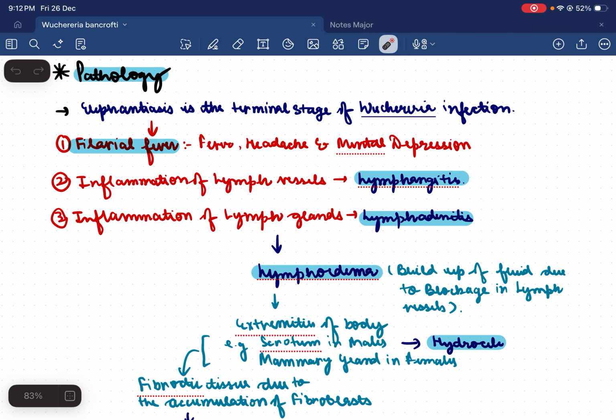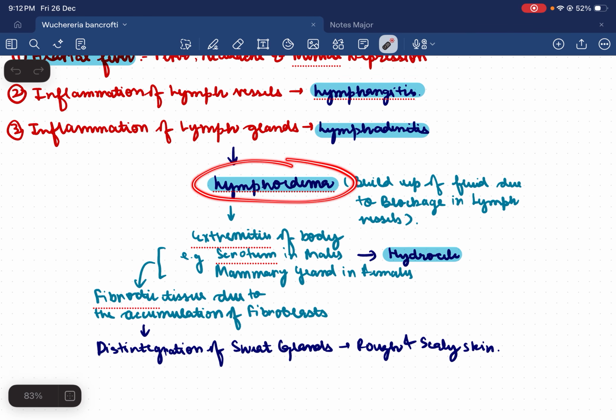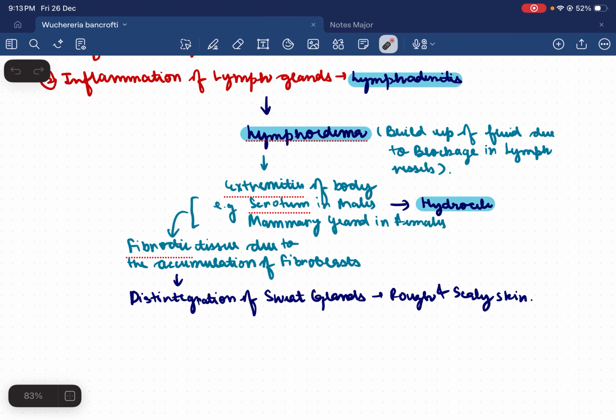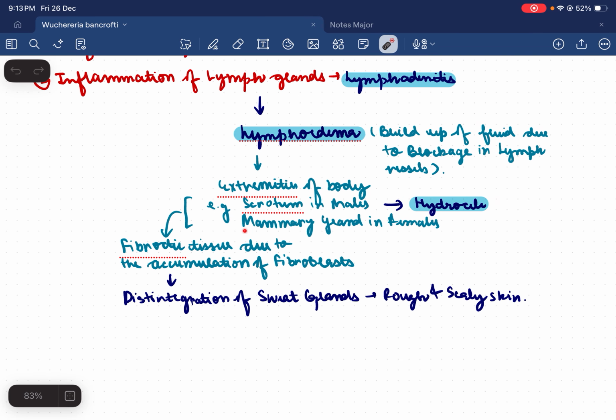This is followed by lymphedema, which is the buildup of fluid or the blockage of lymph vessels. And then in the extremities of the body you can see the retention of fluid, like in the scrotum in males, where there is hydrocele formation. In females, the mammary glands are swollen.